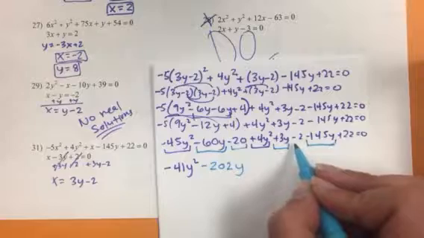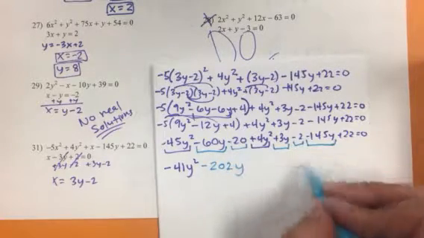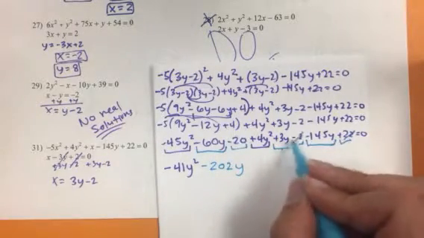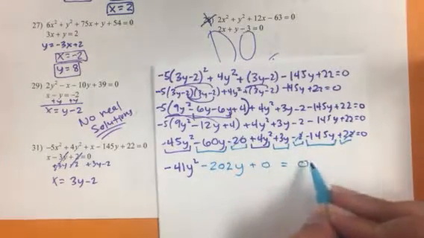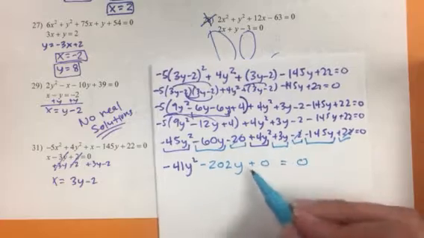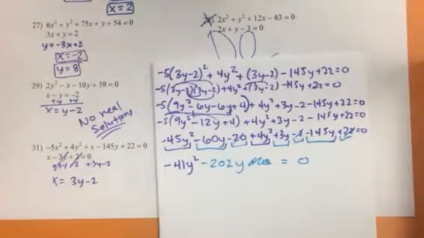Negative 20, negative 2. Those cancel each other out, so we have plus 0. If you don't want that 0 there, you don't have to put it. Now 202 divided by 41 does not work.